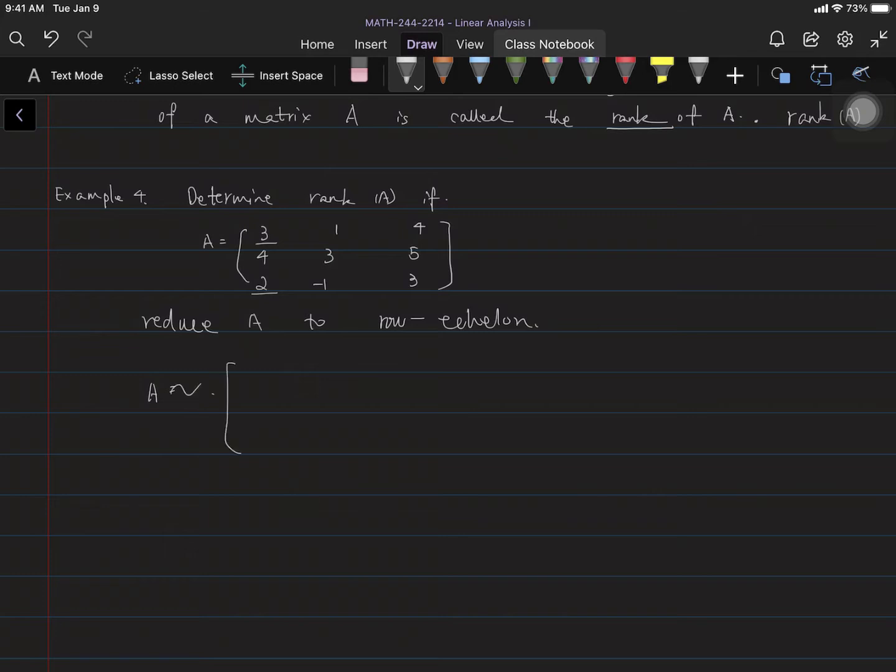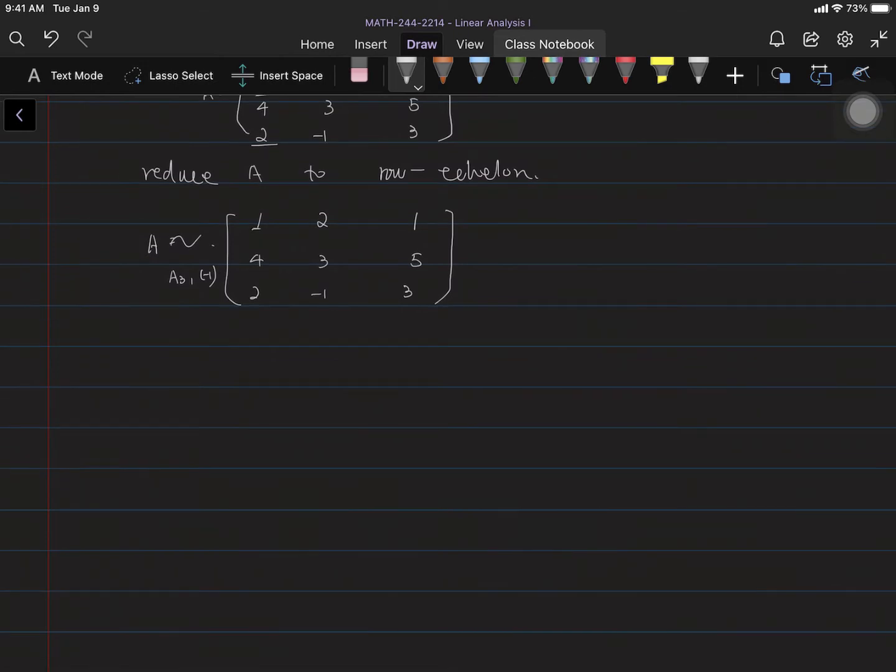Equivalent to using row 3 times -1 added to row 1. Row 3 and row 2 stay the same, but row 1 has been changed into 1, 1 and 2. Here should be 1, right?